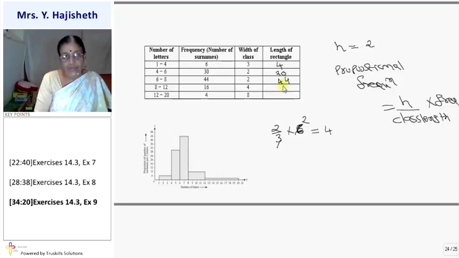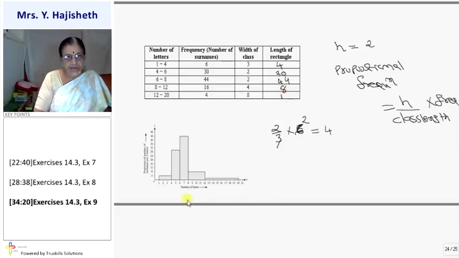So it is 2 by 4 into 16. So 4 4 ja. So 8. Here you will get 8. Okay. And last is class length 8. So 2 by 8, so 1 by 4 into 4. So it is coming 1.